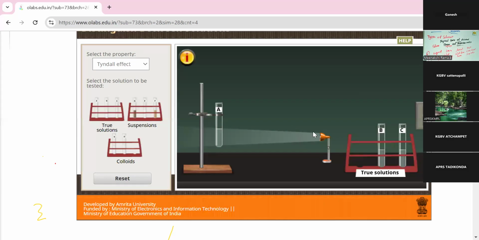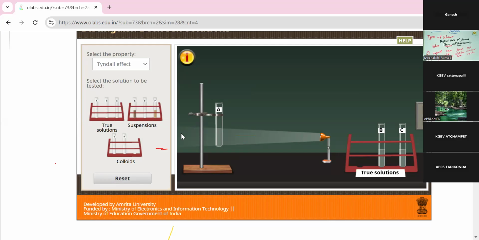Then I pass the light. Is there any identification? The light is passed through that solution. Okay. So, what is the confirmation of this nature?